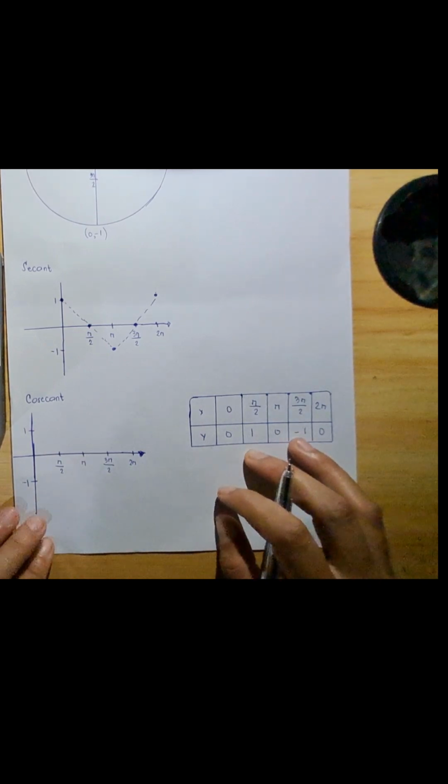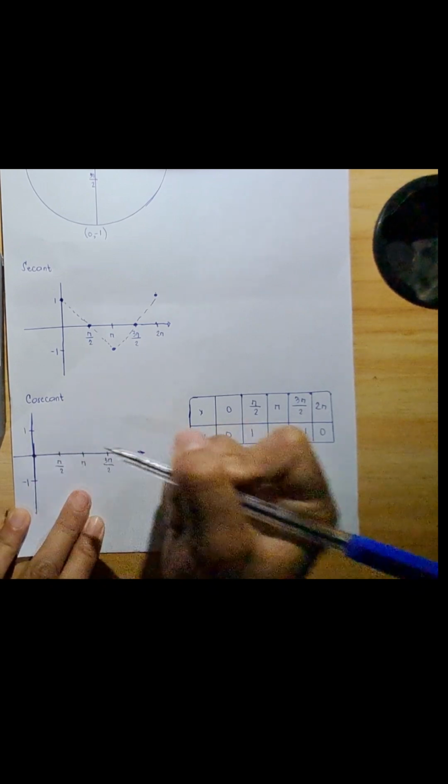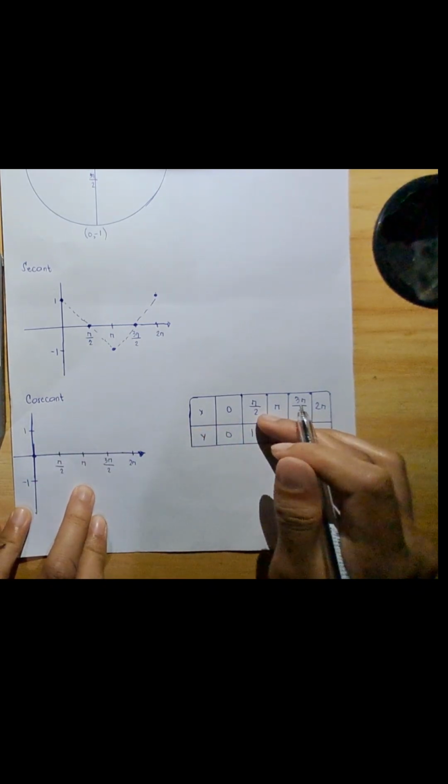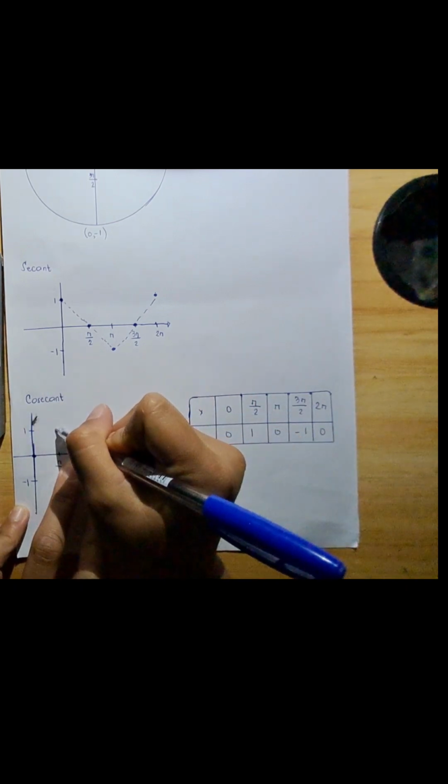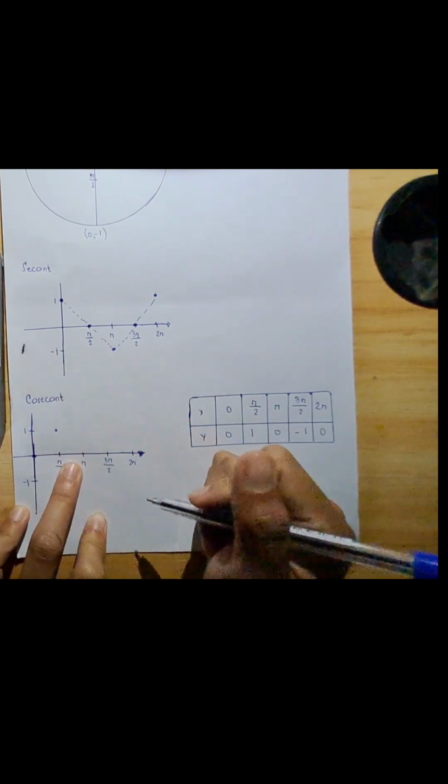Based on the table, we have the cosecant. The sine here is 0, so let's start here. At pi over 2, we have a 1, so up right here.